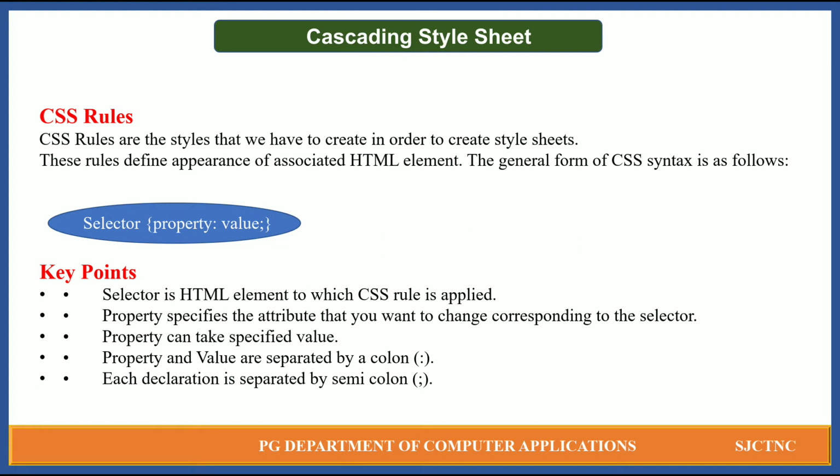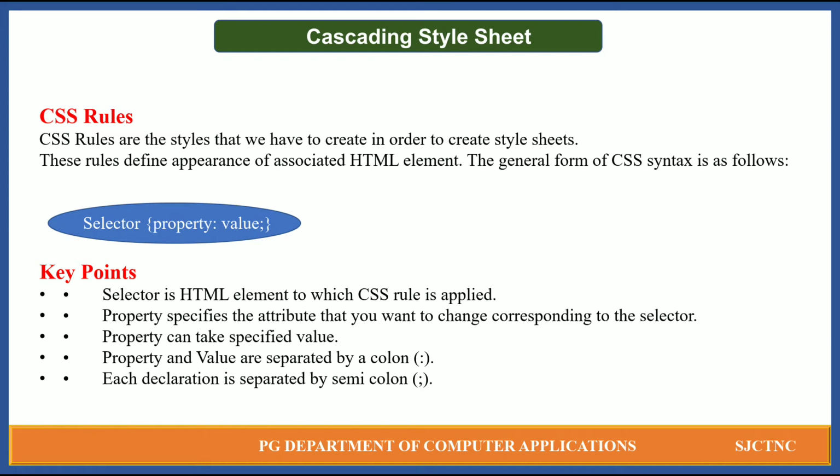Here we can see CSS rules. CSS rules are the styles that we have to create in order to create style sheets. These rules are used to define the appearance of associated HTML elements.